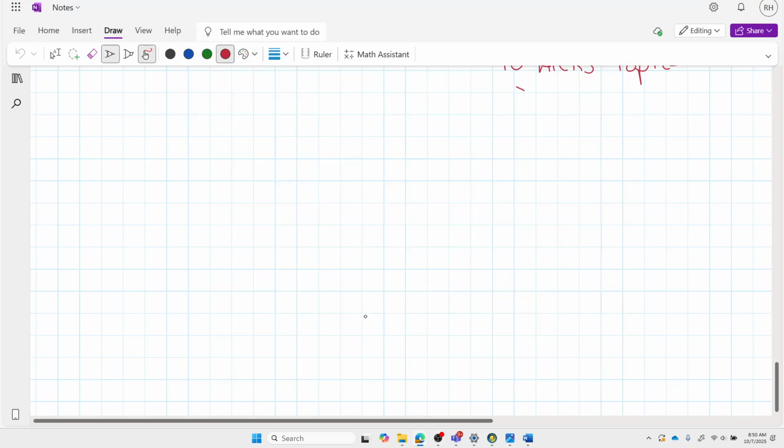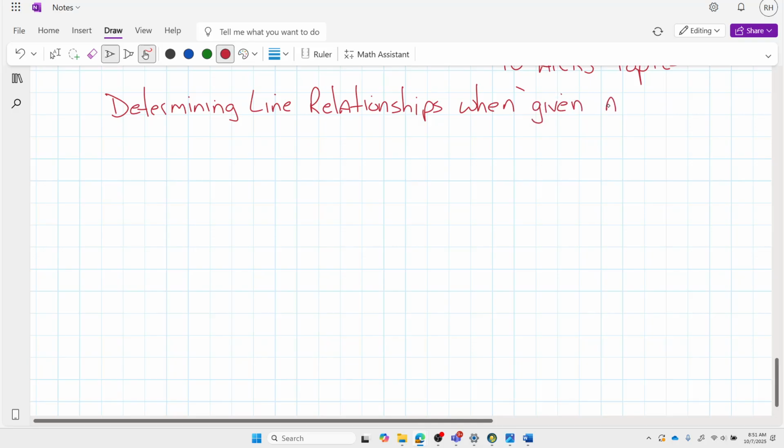All right, so like I said, we're on page 192 today, and you're going to be determining line relationships when given a graph or an equation.